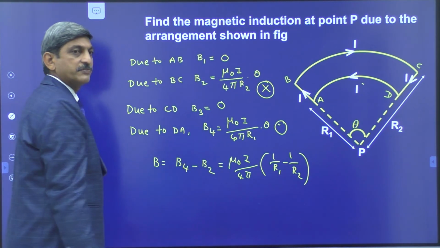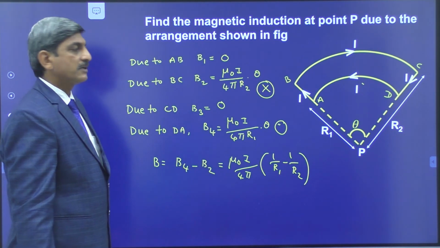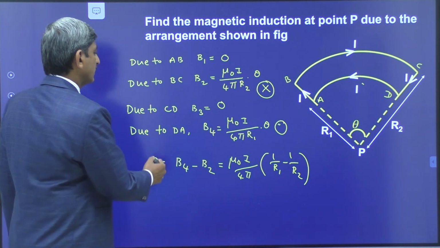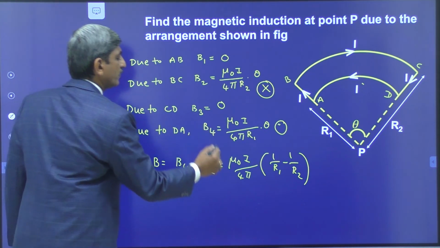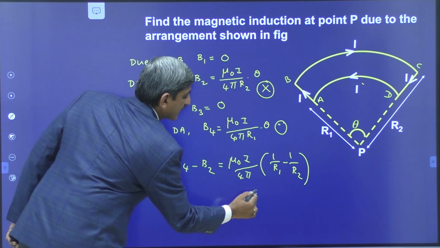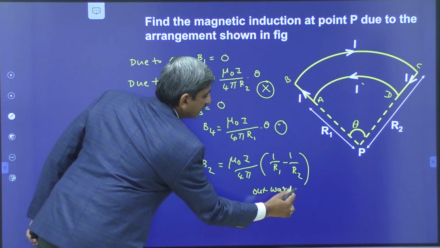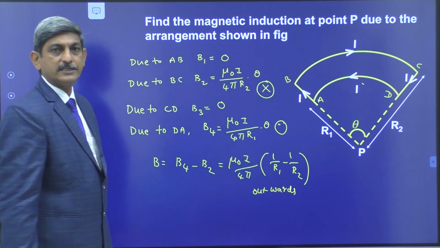Usually this field is in the direction of the larger field. Here B4 is larger, that's why the resultant field is also in the direction of B4. It means it is acting outwards.